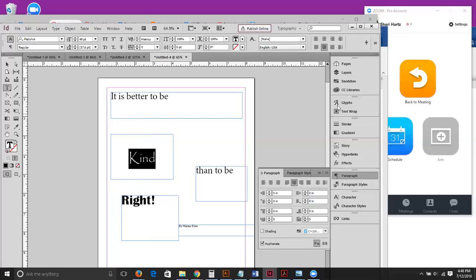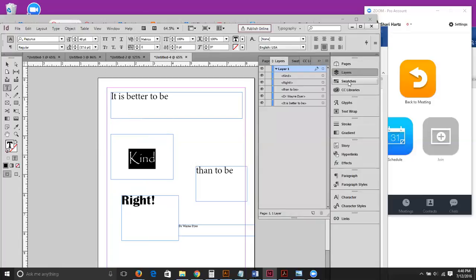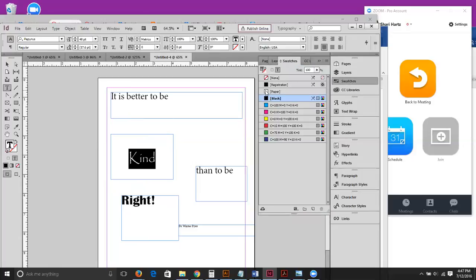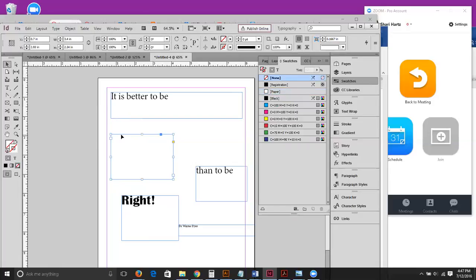That's the stroke. Make the text be white. Text be white. This is going to be black.